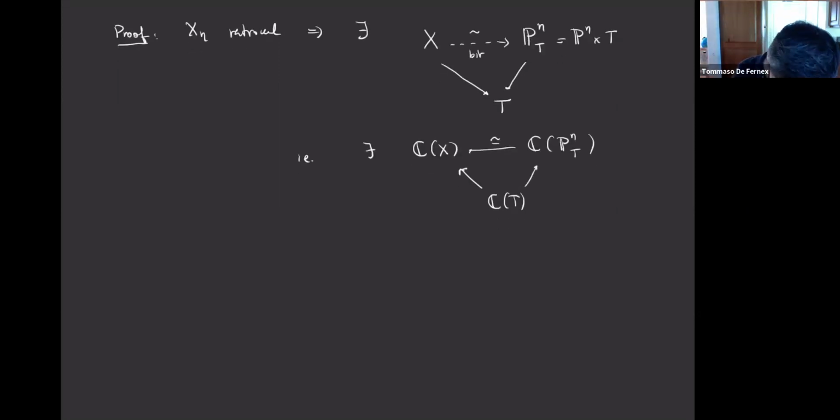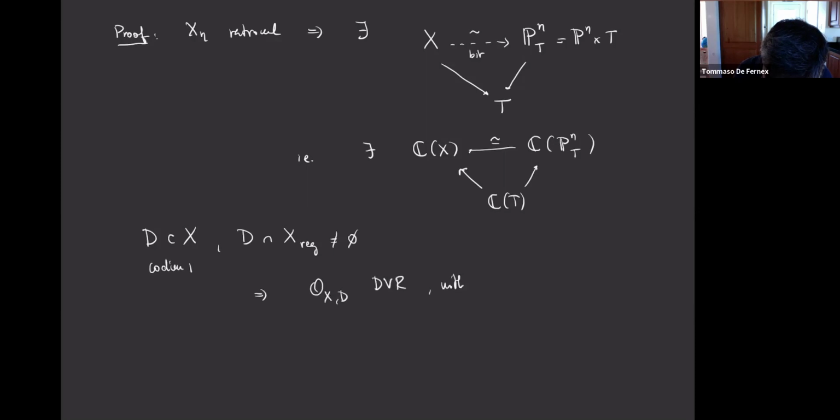Now, we look at D inside X. This is a variety of codimension 1. And I know that its intersection with the regular locus, the non-singular locus of X, is non-empty. So this implies that if I look at the local ring, this is a discrete valuation ring with a divisor evaluation, which is denoted by val D, order of vanishing.